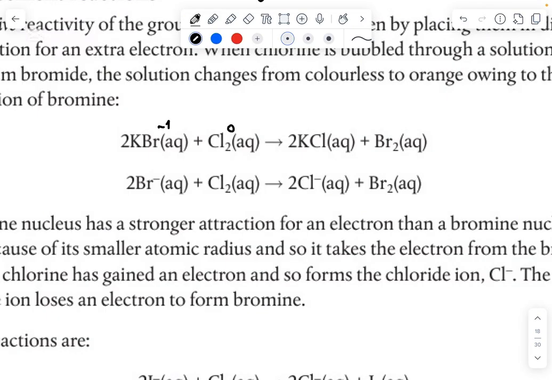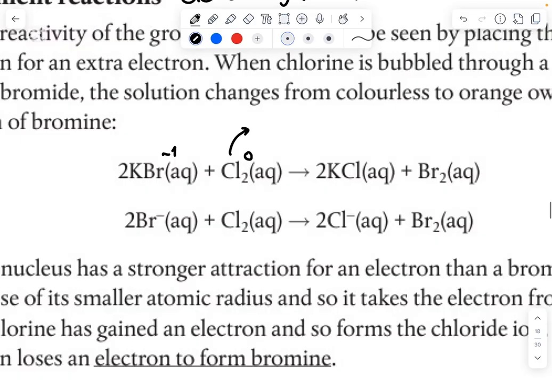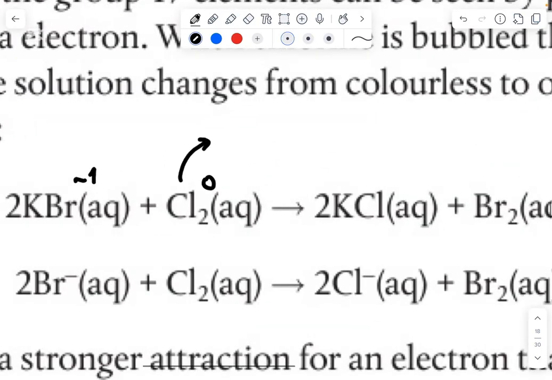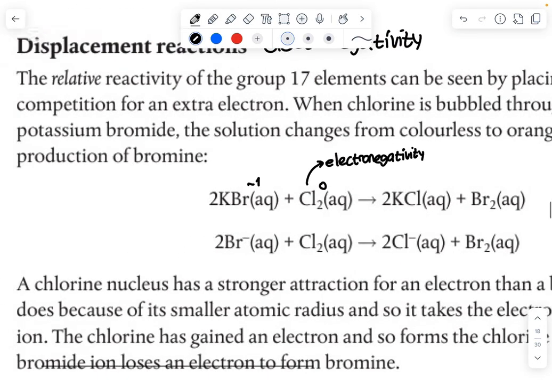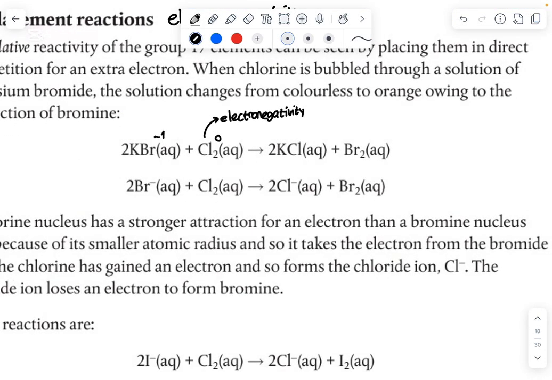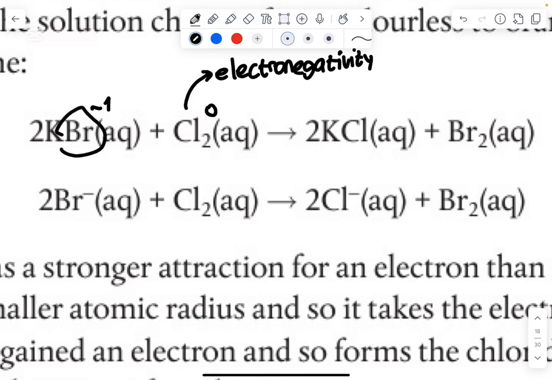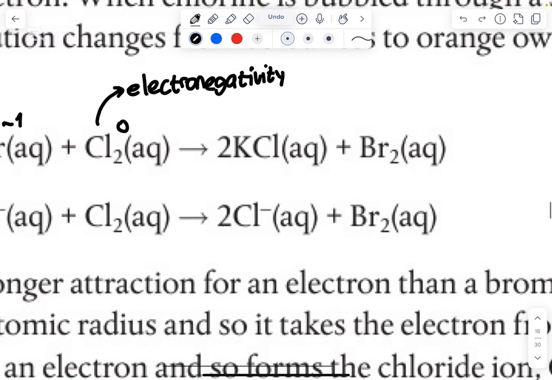You will learn about oxidation states in a bit. But chlorine has a higher attraction on a bonding pair of electrons, which means it has a higher electronegativity. It is more inclined to become negative than bromine because electronegativity increases as you go up, and bromine is way down. So it basically steals bromine's electron, and it's basically displaced with bromine.